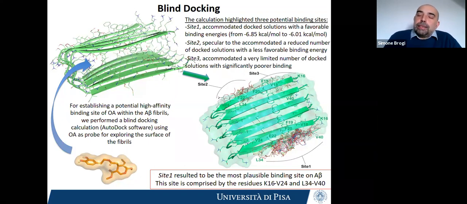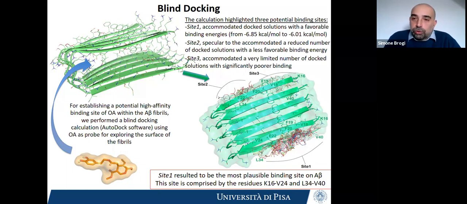Notably, this site is composed of different residues that are enclosed in the central hydrophobic region of the fibrils, and this particular region was found to be extremely relevant for fibrils assembly and stability.